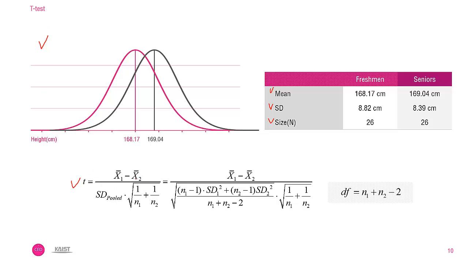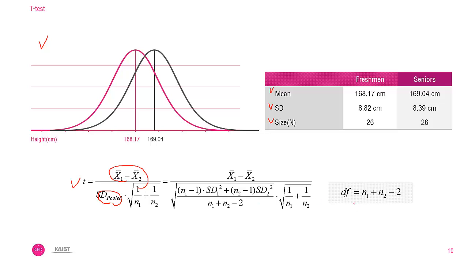Here, the numerator is just a subtraction, or the difference, between two mean scores. However, the denominator adopts the pooled standard deviation, and this pooled standard deviation is called in Korean 합동 표준 편차.